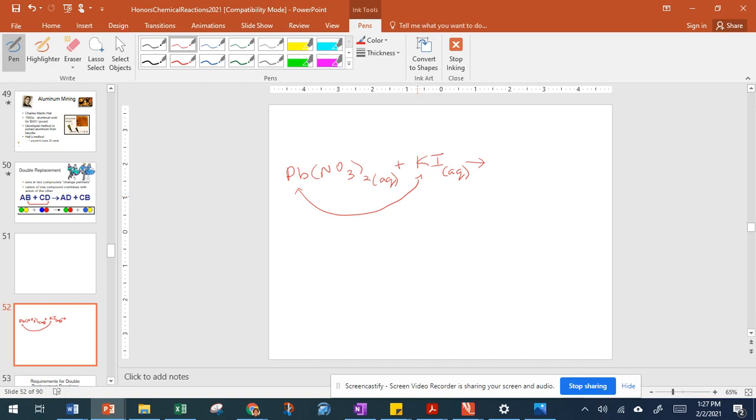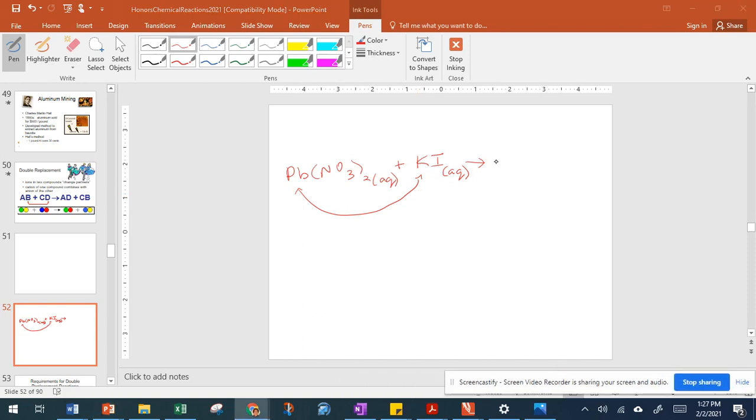So we end up with potassium nitrate, and we could figure out the formula of this because we know that potassium has a +1 charge and nitrate has a -1 charge. We also know that lead starts with a +2 charge, and iodine has a -1 charge.